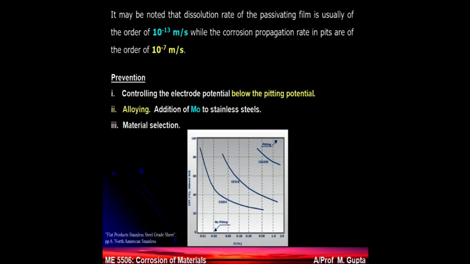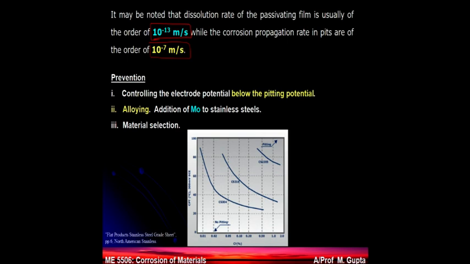For example, if you have uniform corrosion and your surface is slowly getting eaten away, the rate of dissolution is about 10 to the minus 13 meter per second. When a material is going through pitting corrosion, your thickness is compromised at a rate of 10 to the minus 7 meter per second.